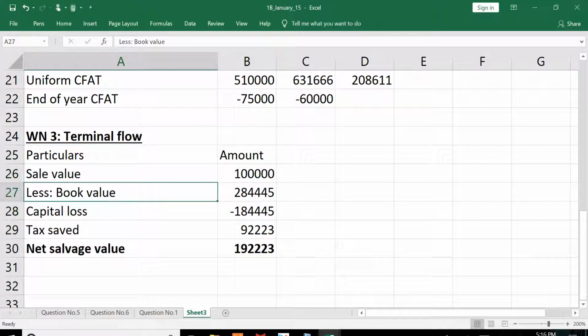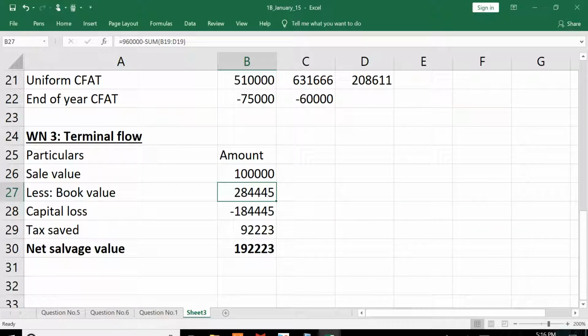Book value is original cost minus the depreciation for the 3 years.